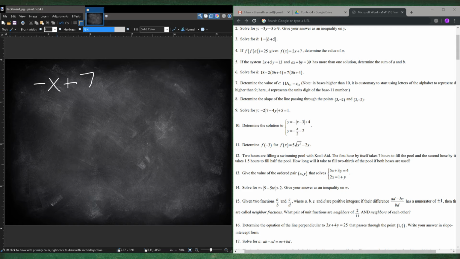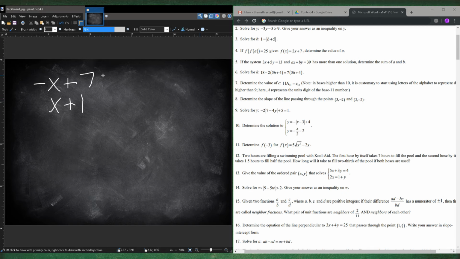Or if x minus 3 is negative, we multiply by negative to get negative x plus 3, and since there was a negative in front, we multiply by negative again. So we get x minus 3. Think about it: if x minus 3 is negative, the absolute value makes it positive, but the negative outside makes it negative again. So it's just x minus 3 plus the 4, which is x plus 1.